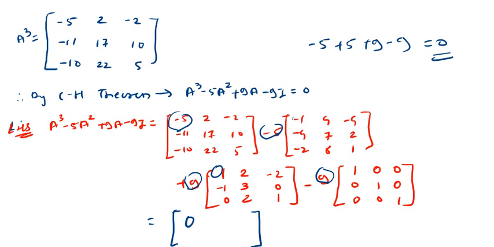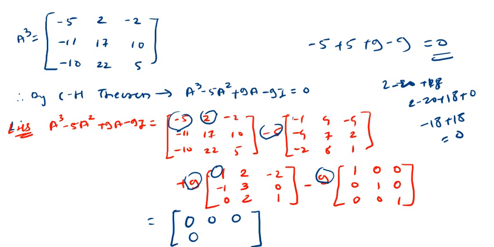Again, if you observe here, this is 2, then minus 20, then plus 18, and this will be 0. So this is nothing but minus 18 plus 18, which is again equal to 0. So the second entry is also 0. In a similar way, you will calculate the rest as 0, and what you will get is the RHS, and hence the Cayley-Hamilton theorem is verified.